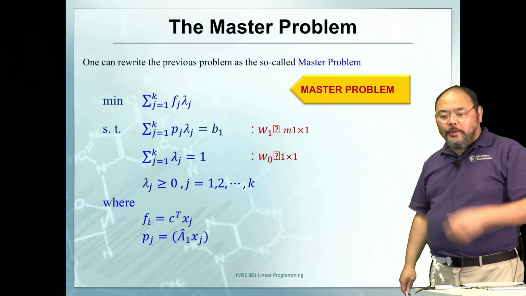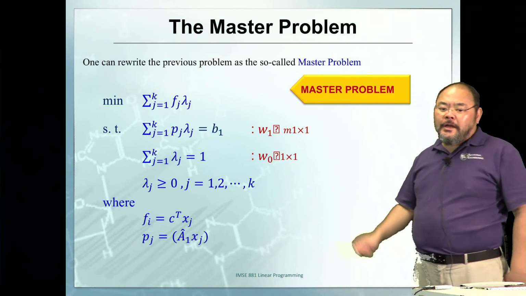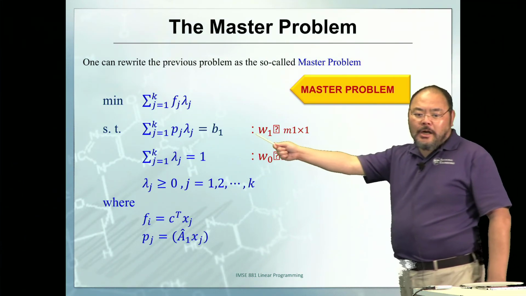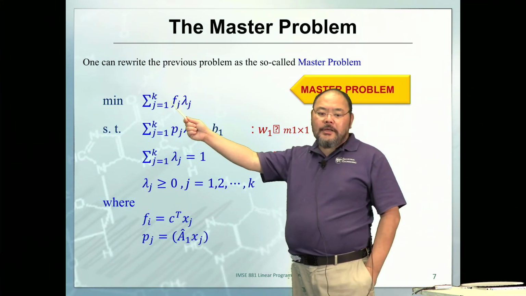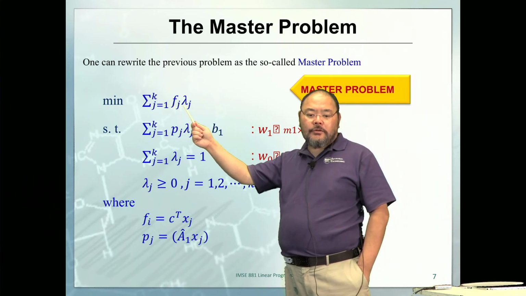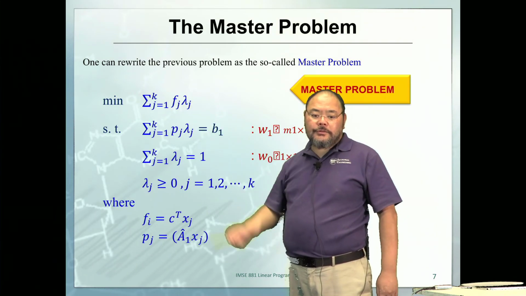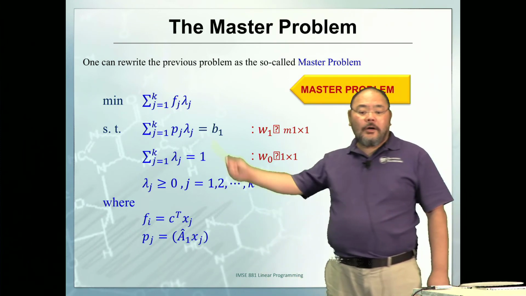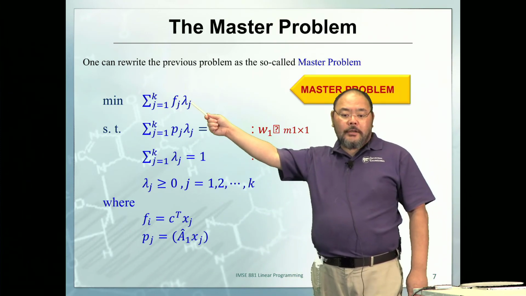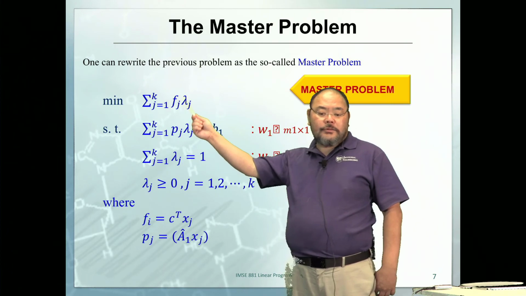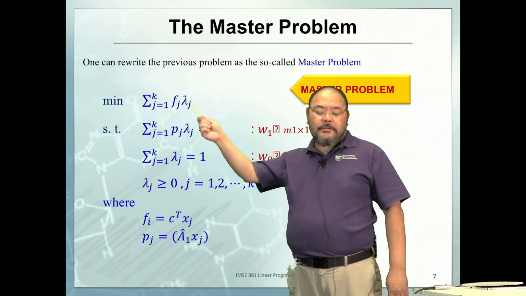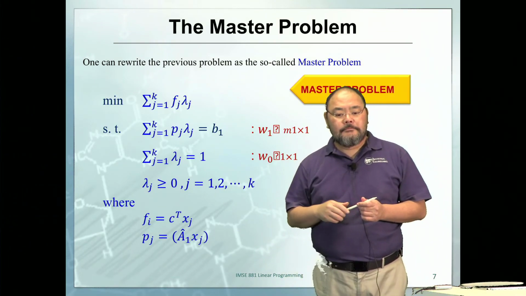This problem only involves the difficult constraint, and we refer to it as the master problem. The master problem is the minimization of the summation of fj times lambda j. So all I have to do is determine my decision variables in the master problem, which are the lambda. Since we already know the fj's come from extreme points, they're fixed points, we just have to figure out the weights of the convex combination.